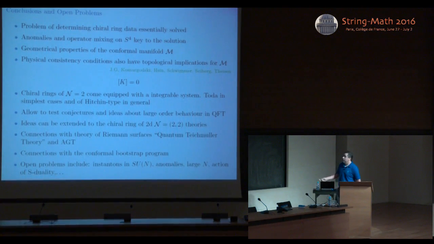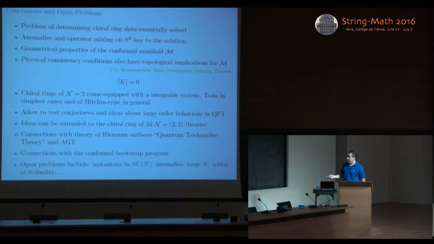The fact that you have explicit answers allows you to test and maybe even make new conjectures about the behavior of quantum field theory, both at high orders in perturbation theory, but also at finite coupling, even though technically computing these integrals at finite coupling becomes challenging.